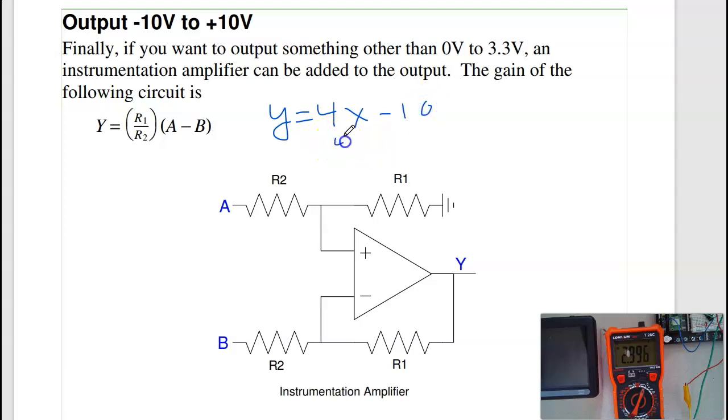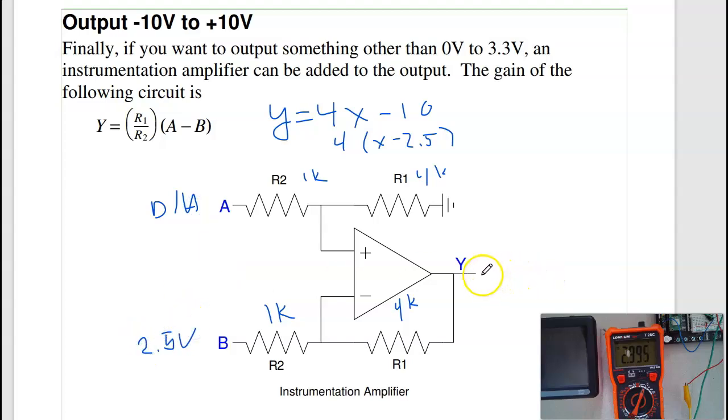Or rewriting it, it's 4 times (X minus 2.5). Make this a 4-to-1 ratio, 4K, 1K, 4K, 1K, anything 4-to-1. X goes right here, so this is your D to A output, 0 to 5 volts, and this is 2.5 volts. Do that, and I'll go from -10 to +10 volts.